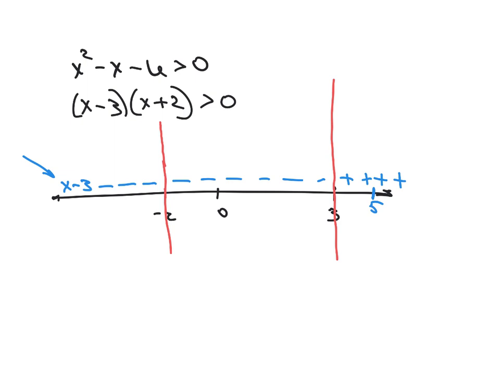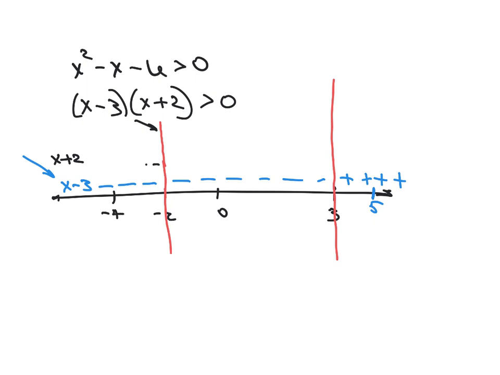All right, now let's look at x plus 2. All right, so to the left of this red line right here at x minus 2, what do we get? If we put a negative 4 in for x, negative 4 plus 2 is negative 2.